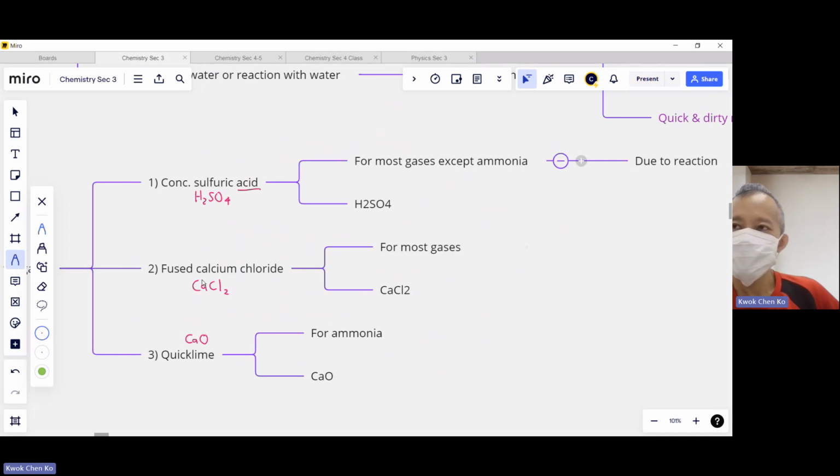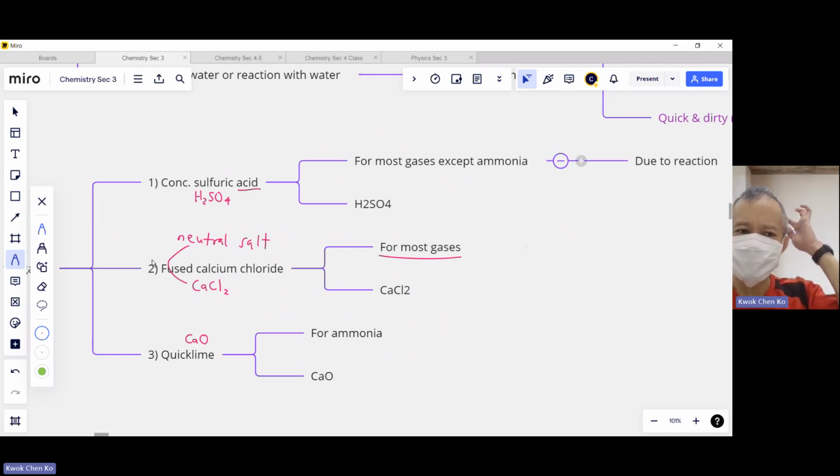This is calcium chloride. It is a salt, but more importantly, a neutral salt. So it doesn't react with most gases. Therefore, you can use it to dry most gases.